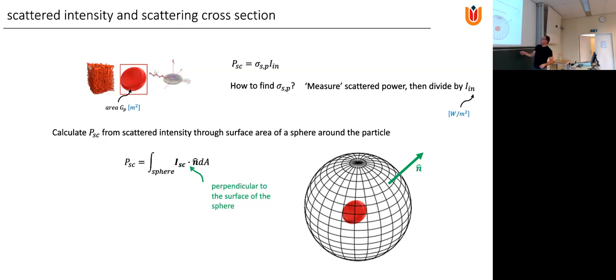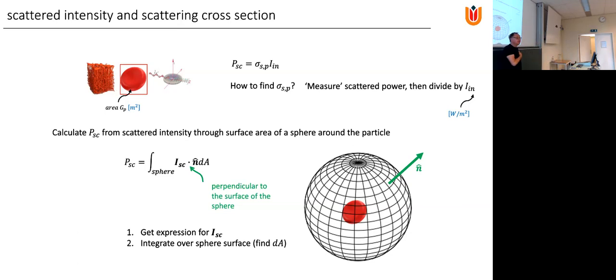To do that calculation properly, we have to look at the intensity that goes perpendicular to the area of that sphere, and that's why this normal vector and this inner product are here. So the task becomes to find an expression for the scattered intensity. Once we have that, we can integrate it over the area of that sphere, and from that we can calculate an expression for the scattering cross-section.